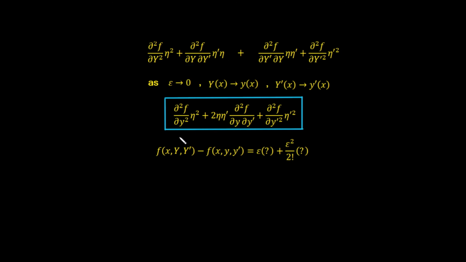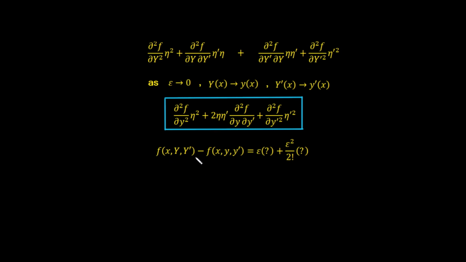Now just to finish off, what we want to do is take this here, and we also want to take the first variation and put it into our Taylor series expansion. So remember, our Taylor series expansion looked like this.